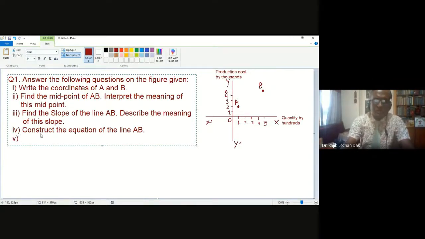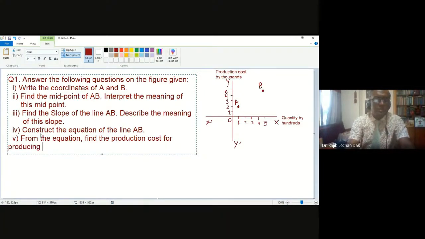Number 5 is: now from the equation find the production cost for producing, say, 475 units.